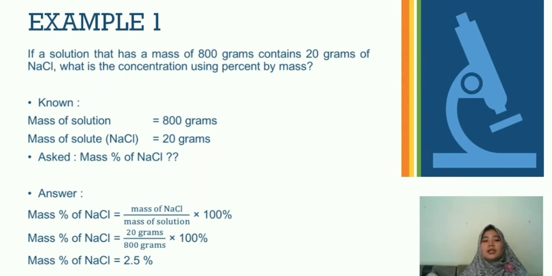For the answer, the mass percent of sodium chloride is the mass of sodium chloride, 20 grams, divided by the mass of solution, 800 grams, times 100%. So we know the mass percent of sodium chloride is 2.5%.